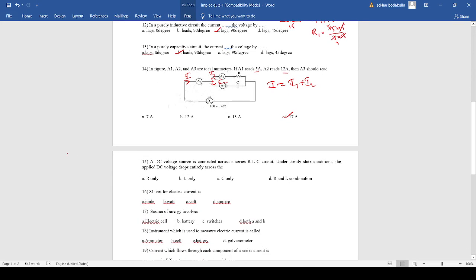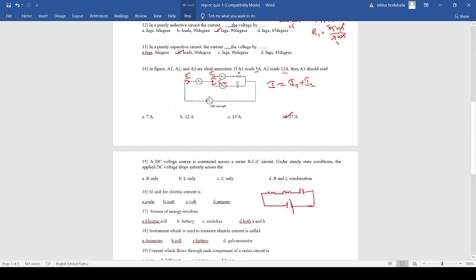15th question. A DC voltage source is connected across a series RLC circuit under steady state condition. The applied DC voltage entirely comes across the. See, for example, I have an R, L and C circuit. For this, I had applied a DC voltage.